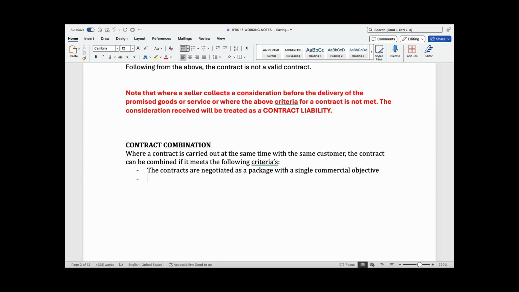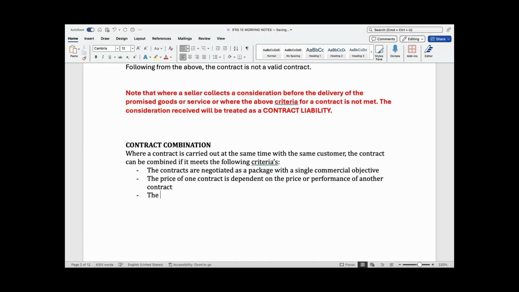Number two is that the price of one contract is dependent on the price or performance of another contract.